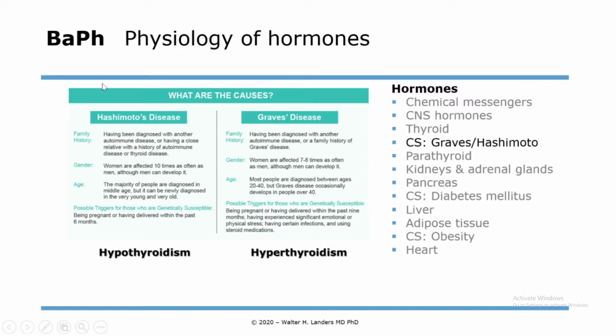And patients with hyperthyroidism usually present, and both are autoimmune diseases, by the way, with a lot of weight loss. Can you guys come up with a reason why patients with Graves' disease or hyperthyroidism have a lot of weight loss?